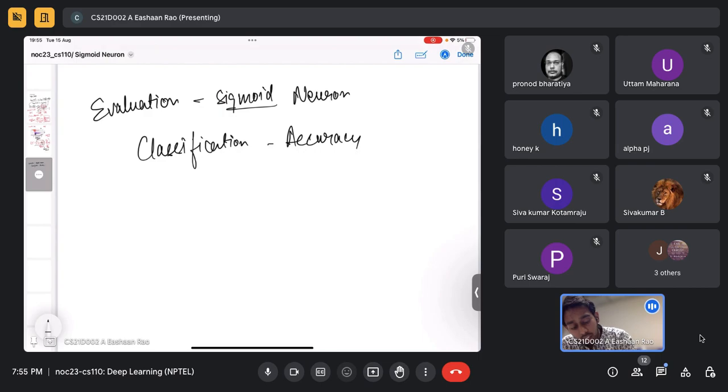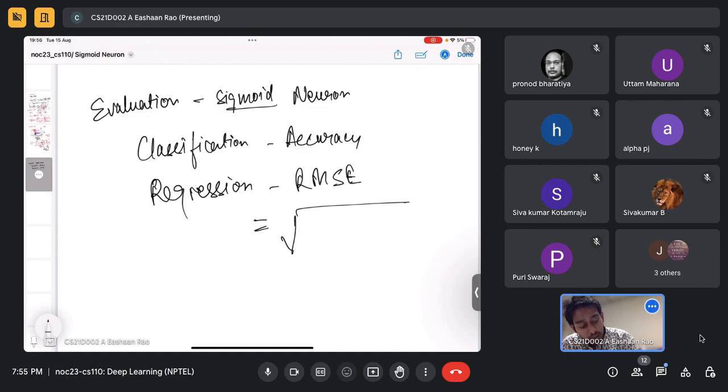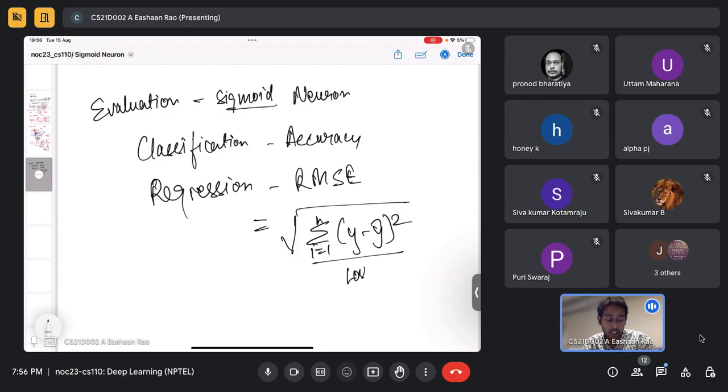For regression, it is RMSE, that is root mean square error, the root of the mean of the sum from i to n of (y minus y-hat) squared. This is basically the loss function itself, but you're just putting a root over that.